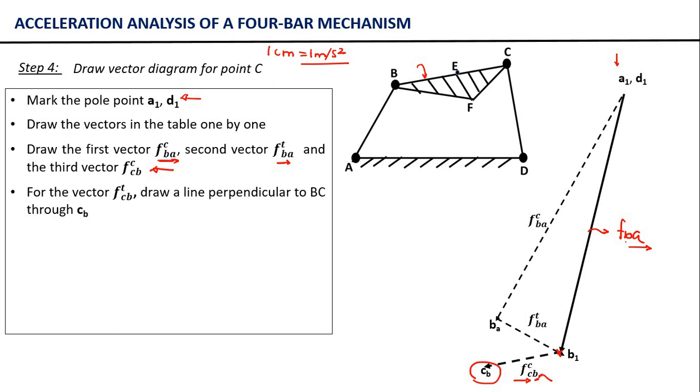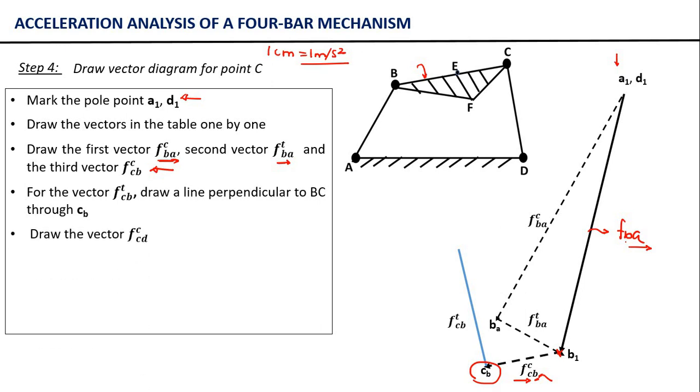So we will take a line of any arbitrary length and draw a line perpendicular to BC, obviously through this point CB. Obviously the tangential and the centripetal components are meeting at this intermediate, common point. So the FCBT component will start with this particular point CB. Now this is your FCBT.